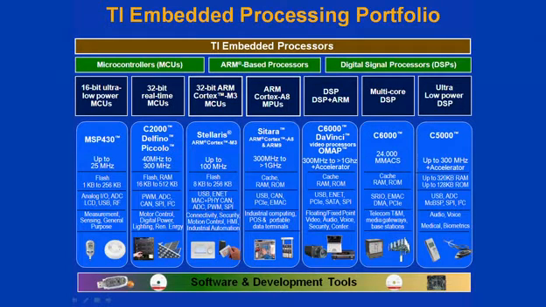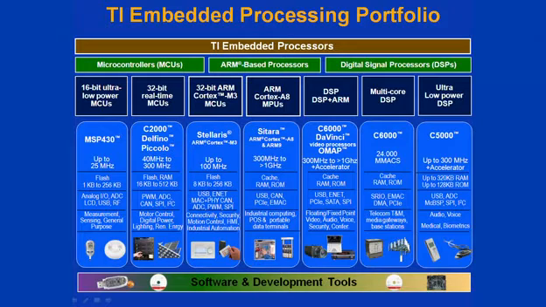Texas Instruments' processing portfolio covers a wide range of embedded processors, from microcontrollers to ARM-based processors to digital signal processors. Our microcontrollers include the 16-bit ultra-low-power MSP430 microcontroller family and the 32-bit real-time C2000 microcontroller family.